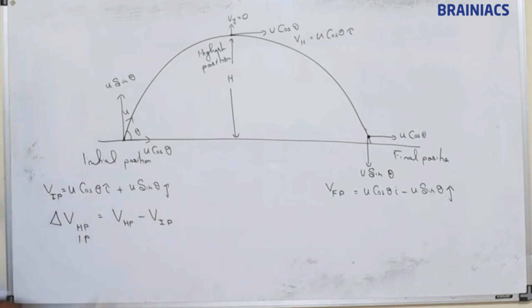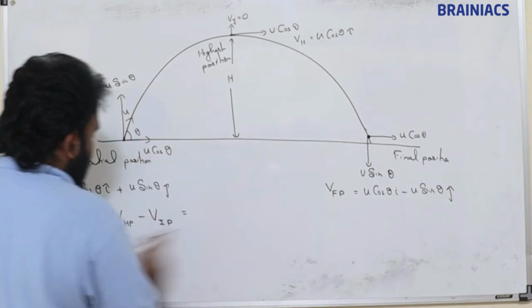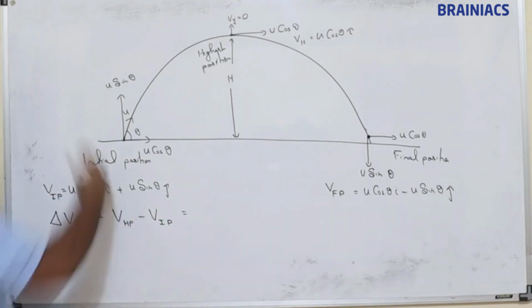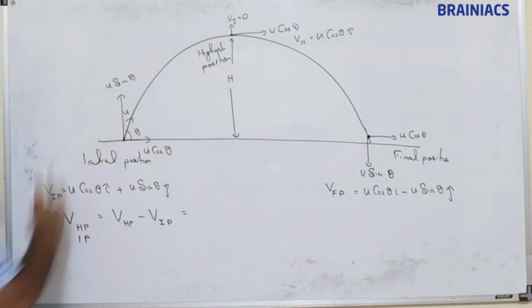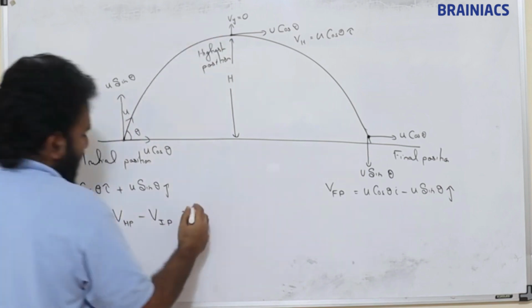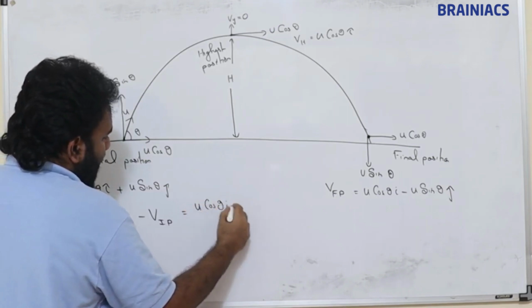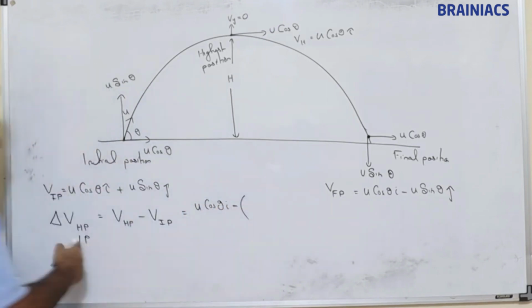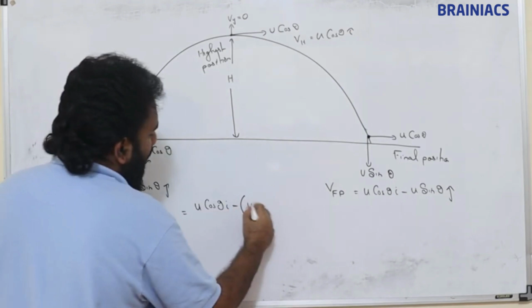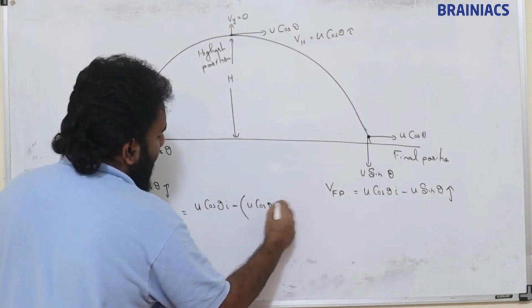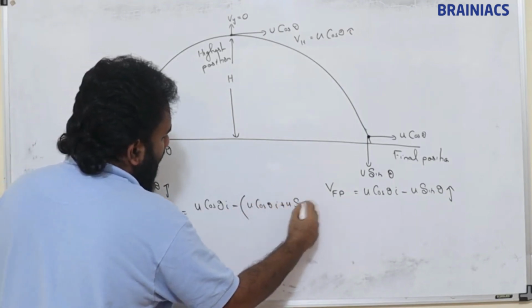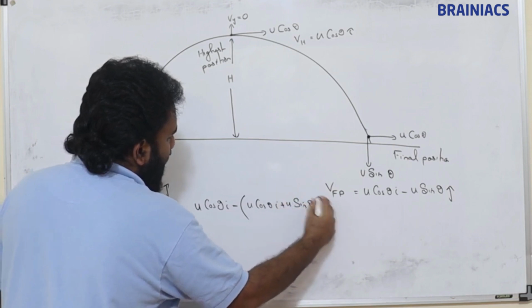First the final destination, then the initial. So the highest point is u cos theta i, minus the initial point, u cos theta i plus u sin theta j.